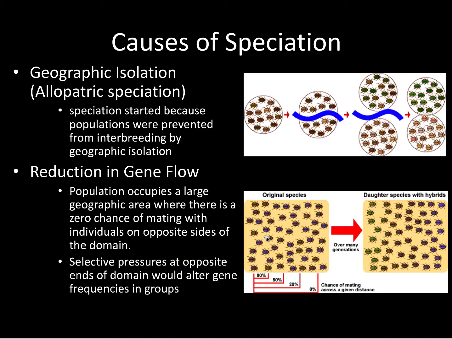They may develop into their own species, because the selective pressures of the particular areas where they live, on opposite ends of the range, would alter the gene frequencies in the groups. Again, you're changing that gene frequency, and eventually the resulting populations will be different. So that's a form of speciation.